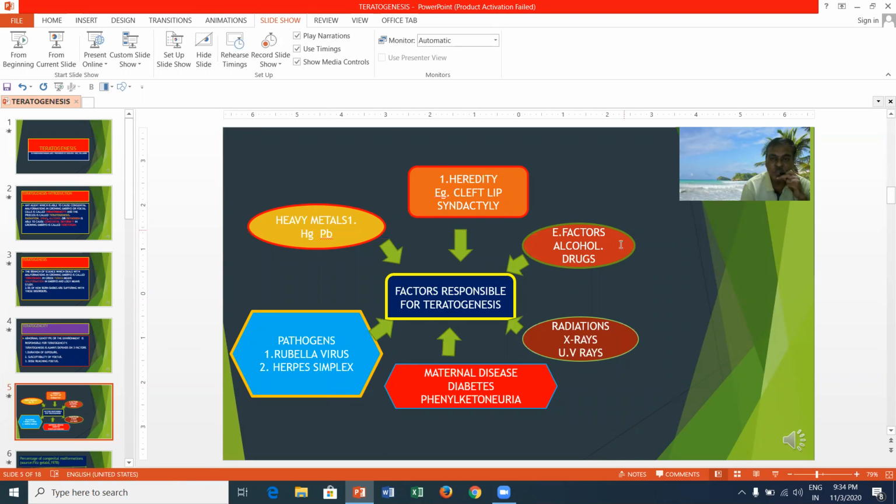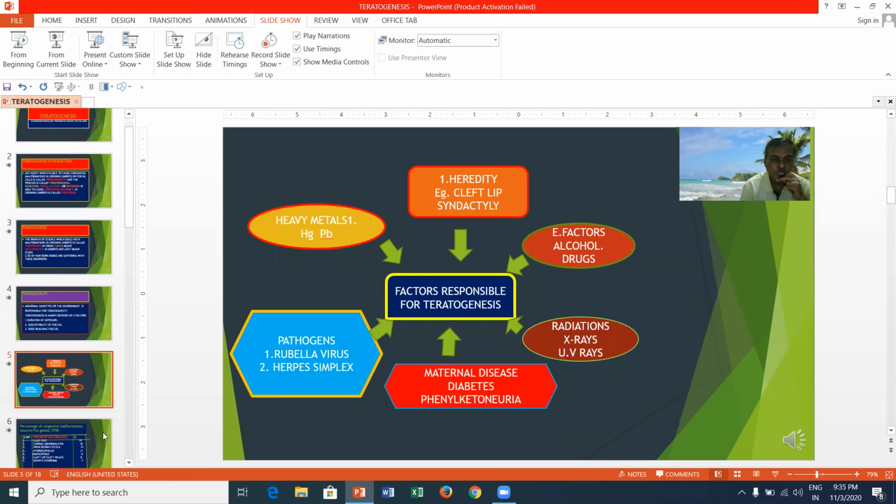Environmental factors like alcohol and drugs or any addiction also act as a teratogenic agent or teratogen. Radiations like X-rays, UV rays also act as teratogenic agents. Maternal diseases like diabetes, phenylketonuria also cause disease. The pathogens like the rubella virus, herpes simplex also act as teratogenic agents.